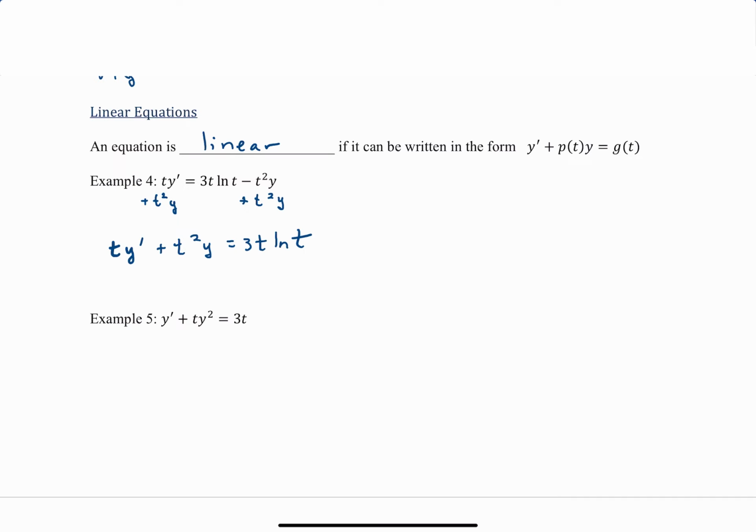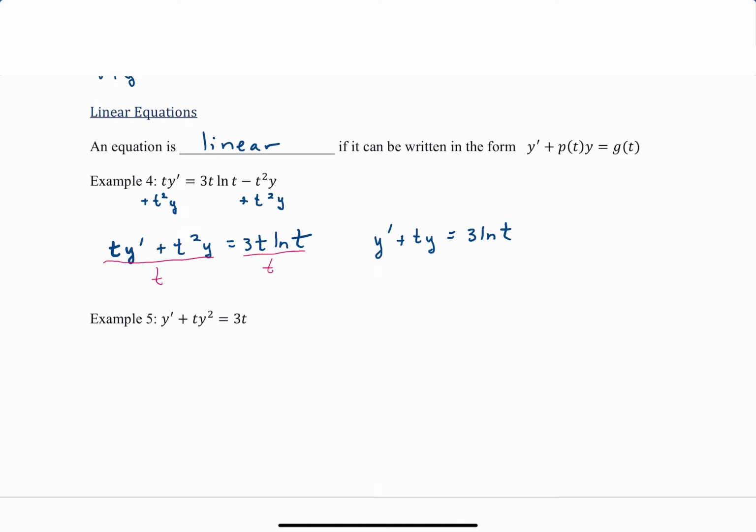Another thing I notice is that there can't be a coefficient on the y prime. You have to have y prime just all by itself. So let's divide out the t that's multiplying our y prime, and that will give us y prime plus ty equals 3 ln of t.